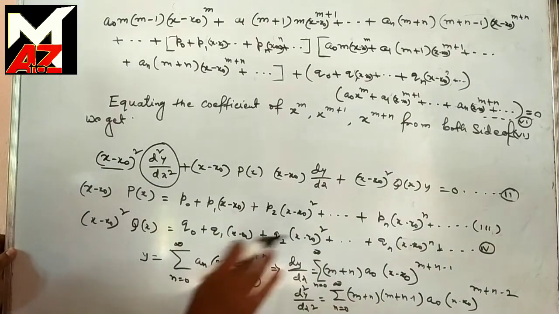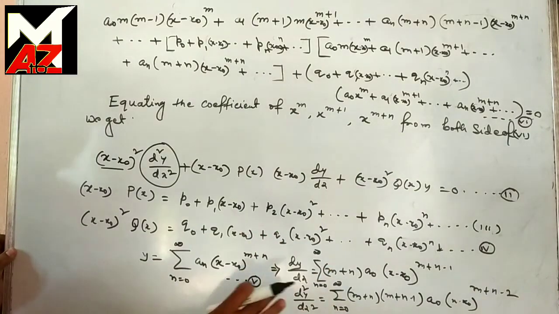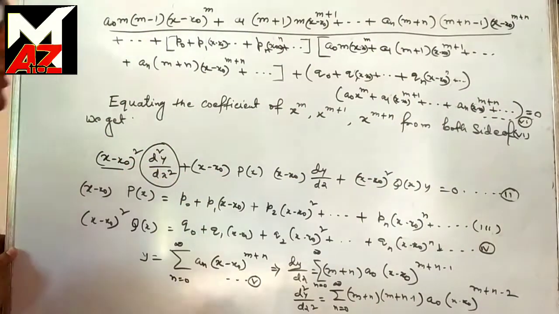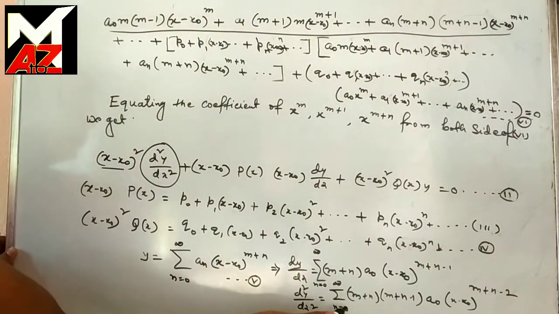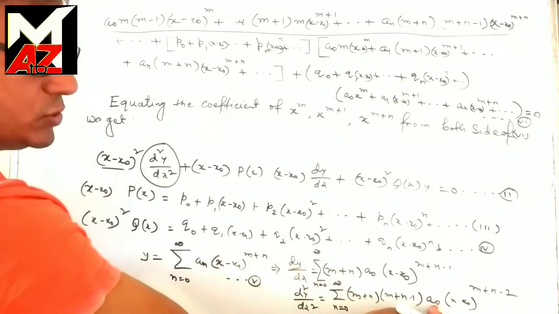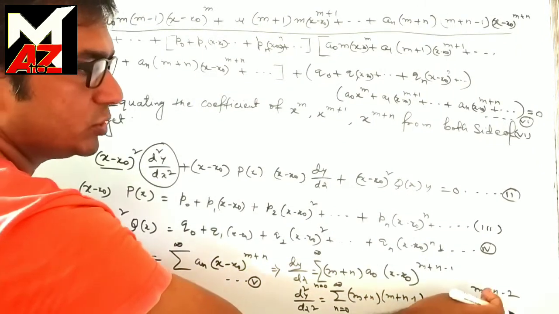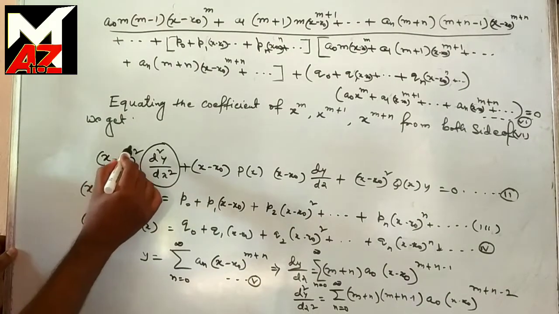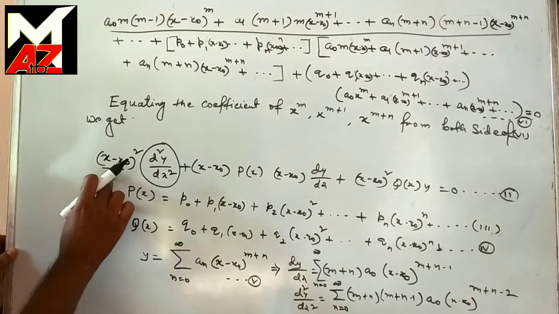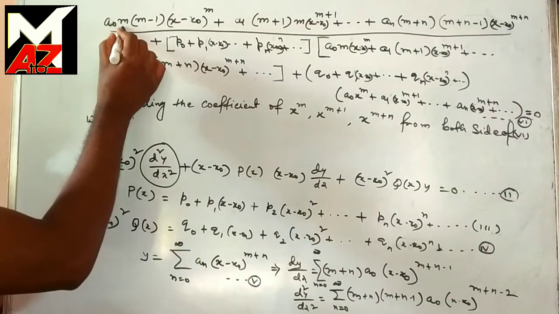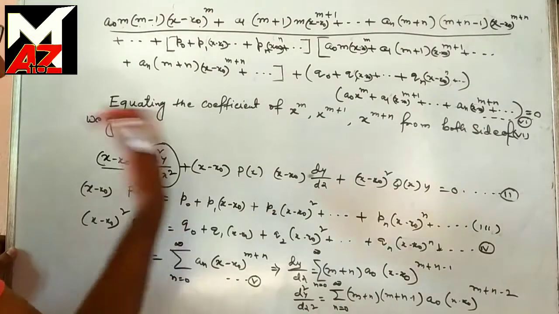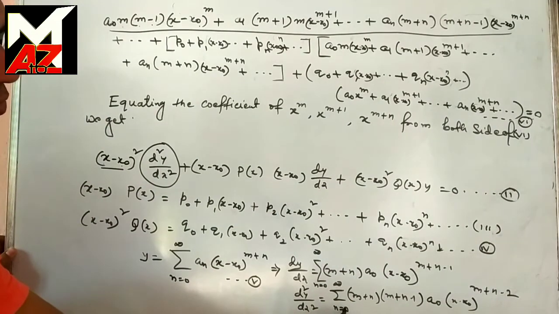Putting n equal to 0, the first term is m into m minus 1 into a0 into x minus x0 to the power m, as the x minus x0 whole square cancels the power minus 2.